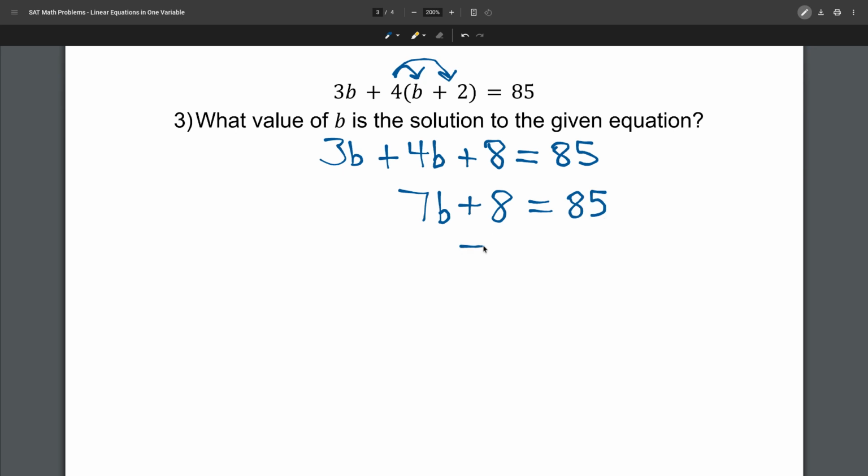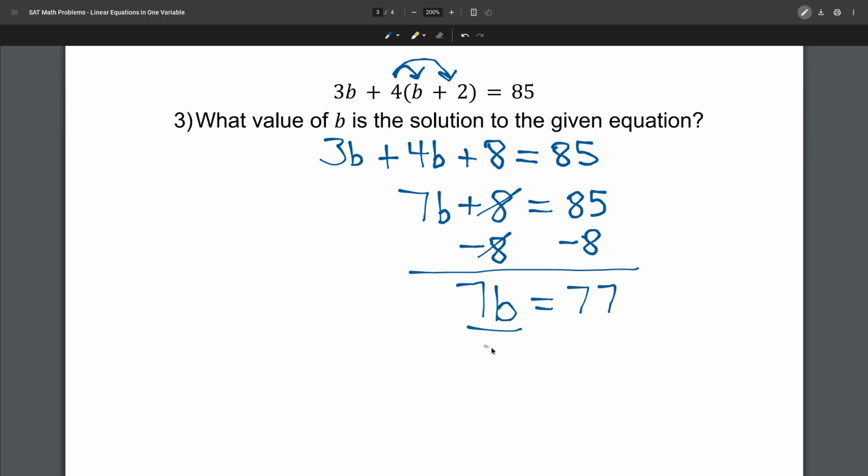We can now subtract 8 from both sides. 8 minus 8 is 0, so you'll hear these cancel out. We get 7b equals 85 minus 8, which is 77.